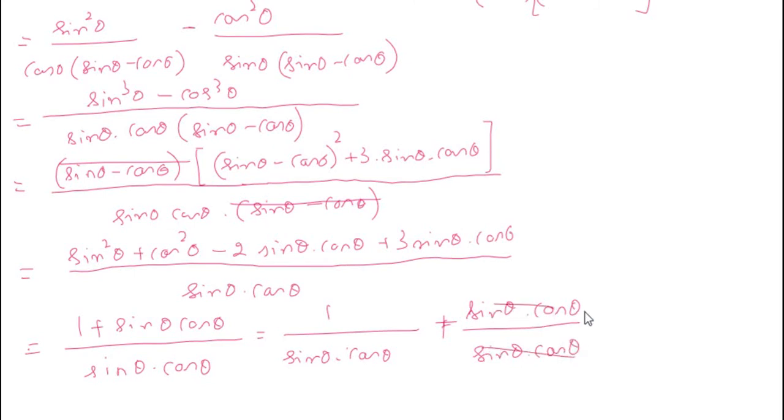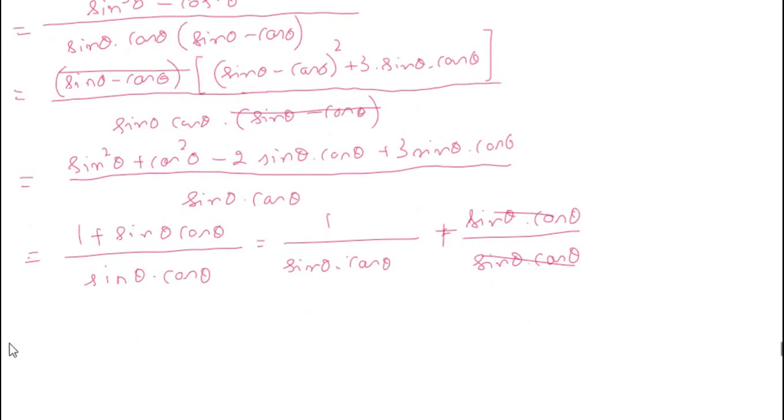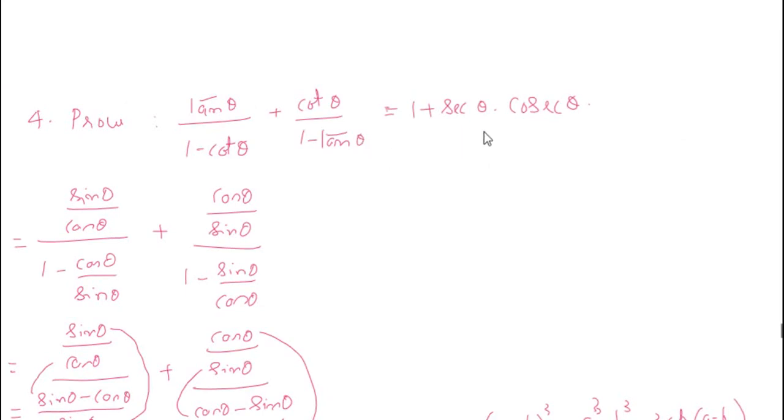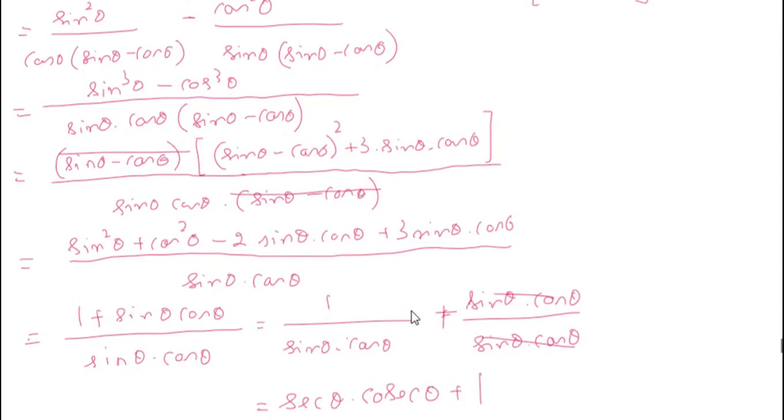This cancels and this becomes 1. So this becomes 1 by sin theta and 1 by cos theta. 1 by cos theta is secant theta, into 1 by sin theta is cosecant theta, plus 1. So this is the answer, 1 plus secant theta into cosecant theta. Yes, that is the RHS. We got the RHS correct.